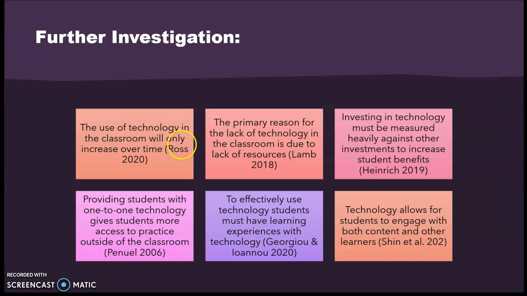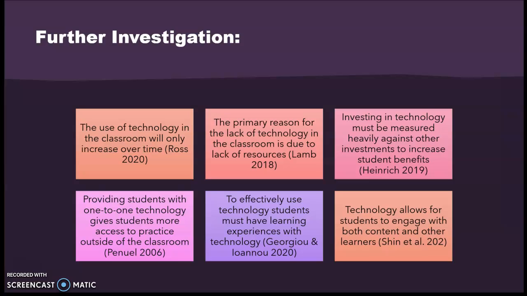Providing students with one-to-one technology gives students more access to practice outside the classroom. We know, 2006, it gives you more advantages outside the classroom when students have one-to-one technology access. To effectively use technology, students must have learning experience with technology, one research proposal studied, and then one more was that technology allows students to engage with both content and other learners.